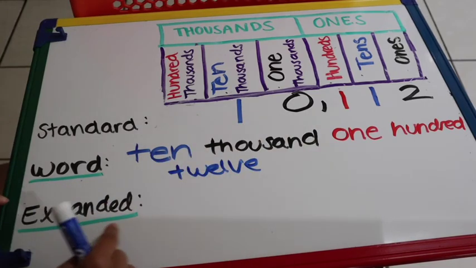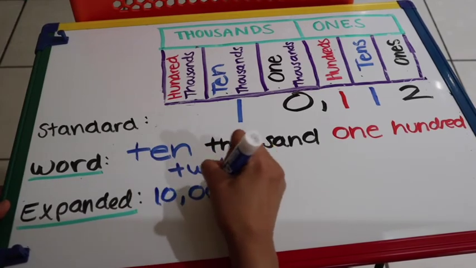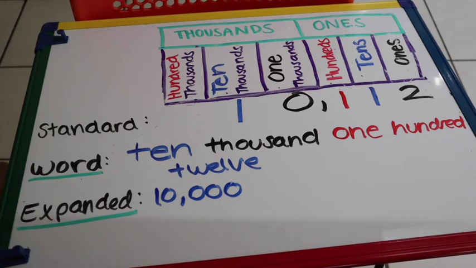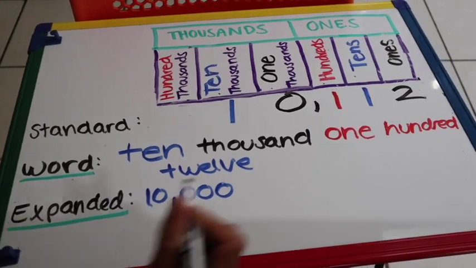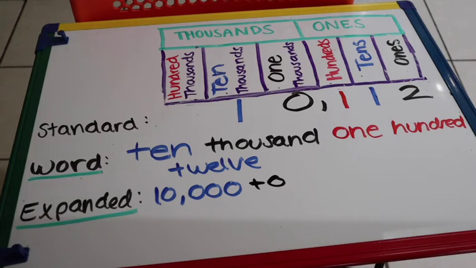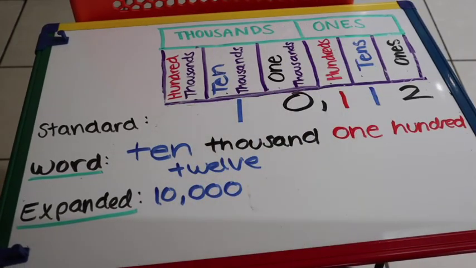Awesome. Now let's write it in expanded form, starting with the 10,000s place. We have 1 group in the 10,000s place, so 1 times 10,000 is 10,000. That would be a 10 and then 3 zeros after. Okay, I have 0 in the 1,000s place, so you can write plus 0, or you can just skip out on writing anything right there for the 1,000s place.